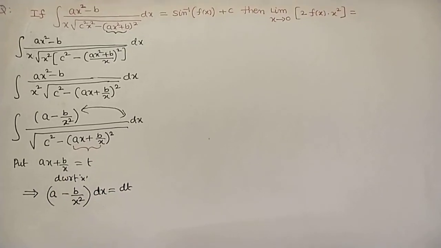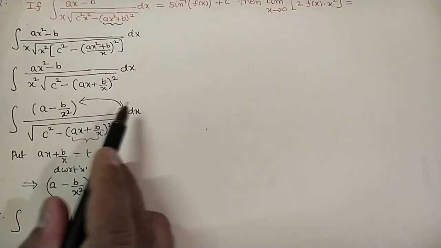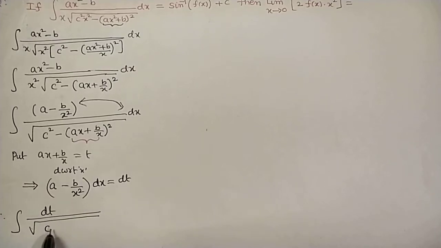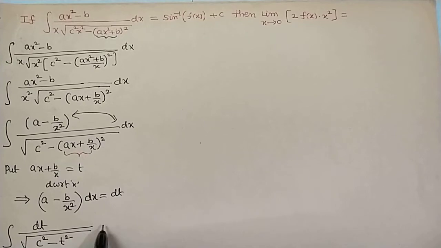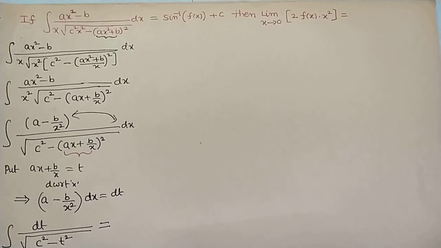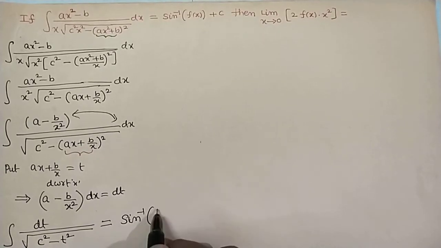Therefore, this integral becomes integral dt divided by square root of c square minus t square. It is in the form of integral dx by square root of a square minus x square, which is sine inverse x by a. So sine inverse x by a means t by c plus k.